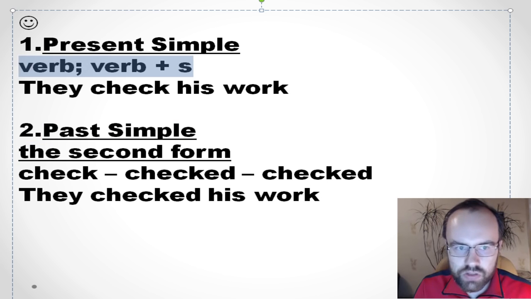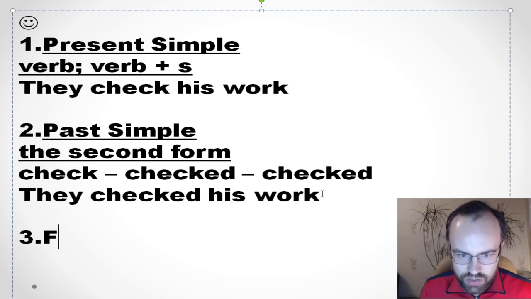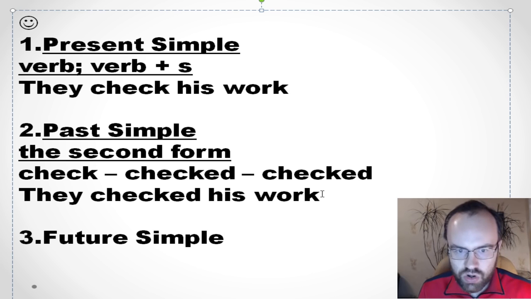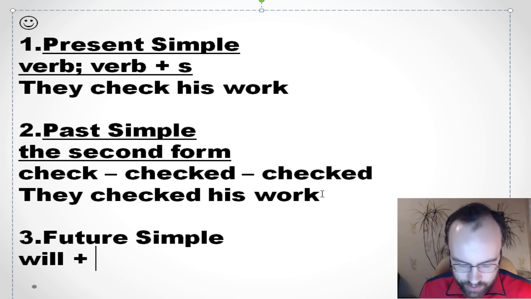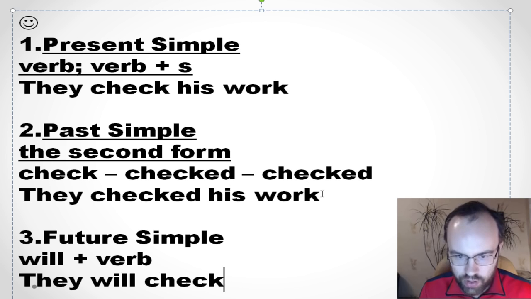So what about future simple? It's also very easy. So how do we form it? Will plus verb, and we talk about the future. So they will check his work.